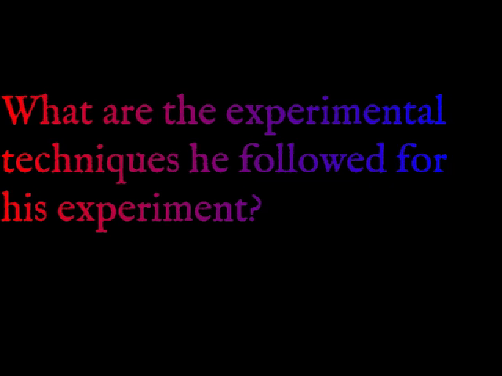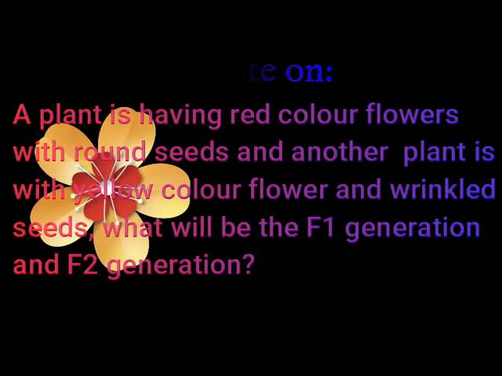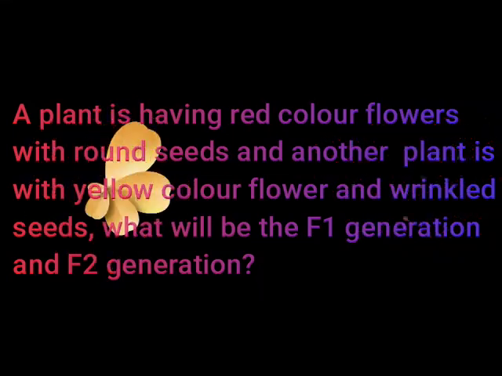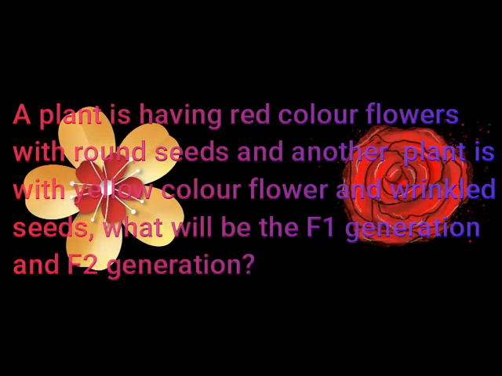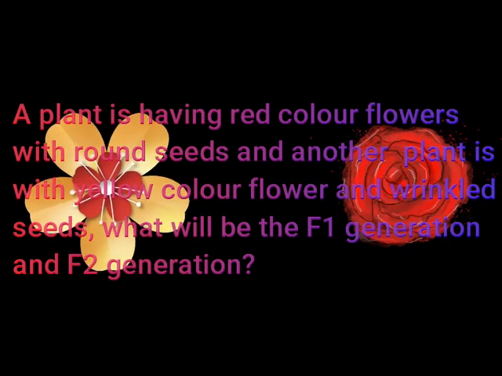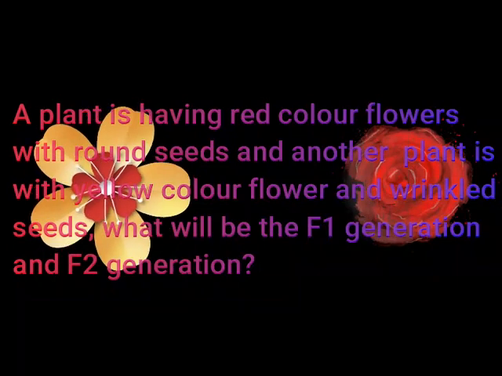Next, write a short note on F1 generation, dihybrid cross, trihybrid cross, monohybrid cross, test cross. So these could be asked like this. Another way of asking is they could give you a scenario, that a plant is considered with this character and another character, like color: if one has seeds of white color and one has seeds of red color, then in F1 generation, which type of plants will be produced?